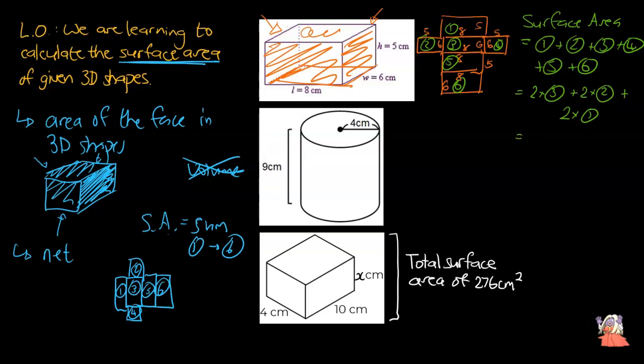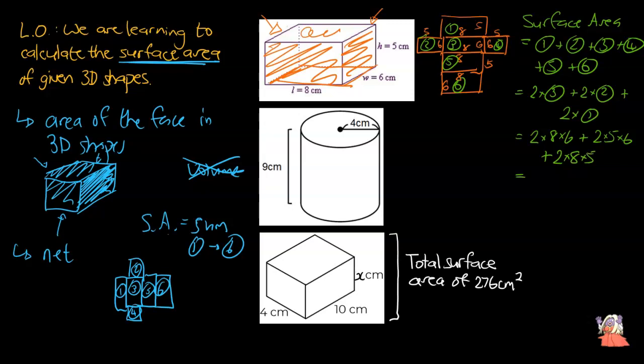So what we're going to do is go 2 times the base and the height, which in this case for 3, for that base of it, is going to be 2 times 8. We're then going to have a look at shape number 2. That's 5 and 6. So it's going to be 2 times 5 times 6. And then finally, it's going to be the same for the one shape up the very top. That's 5 by 6. So it's going to be 2 times 8 times 5.